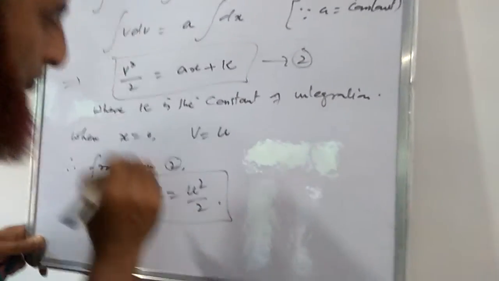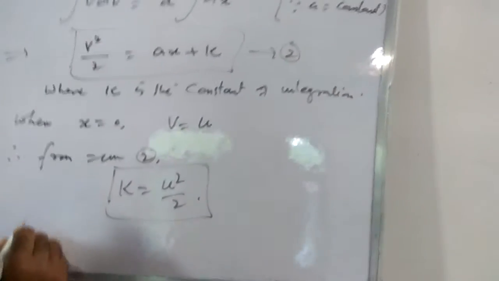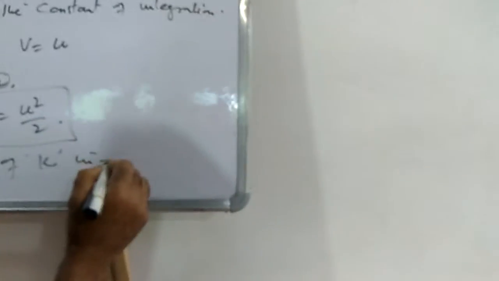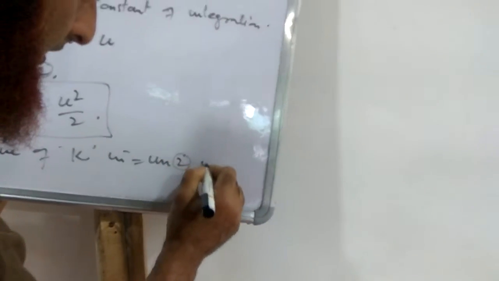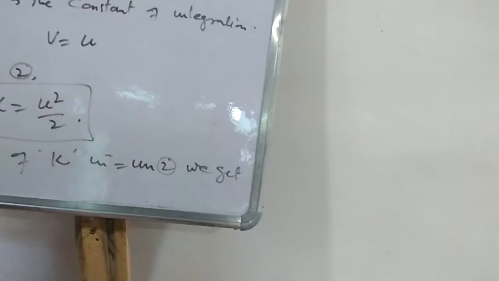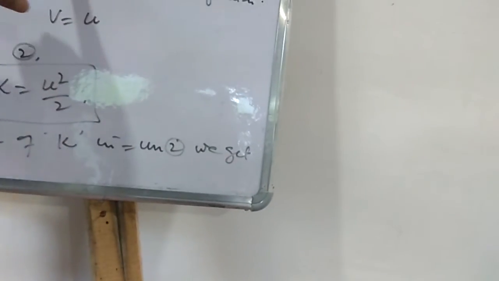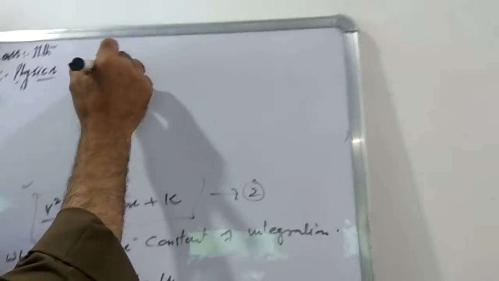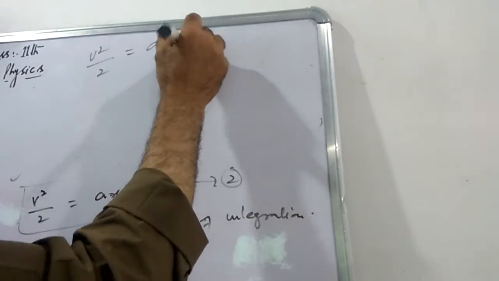Now we will substitute the value of k in equation second. What we will get, I will write it here. It will become v square divided by 2 is equal to ax plus k.